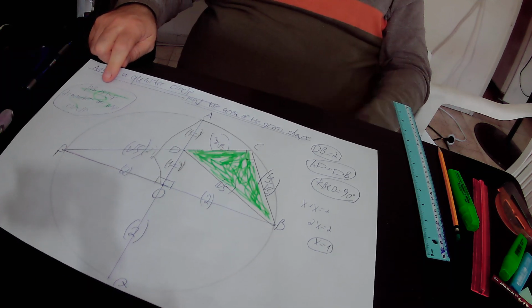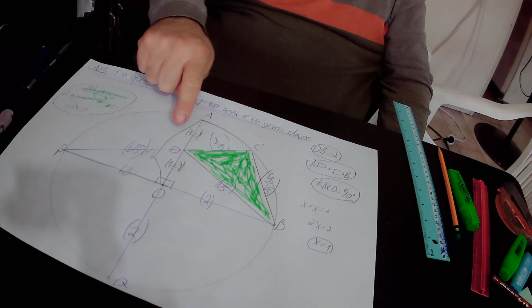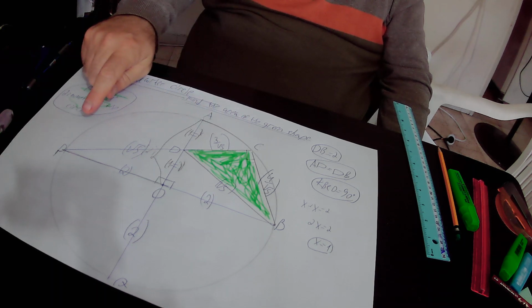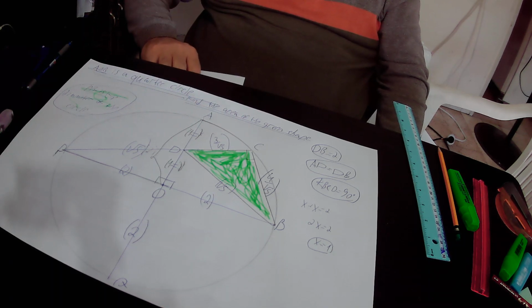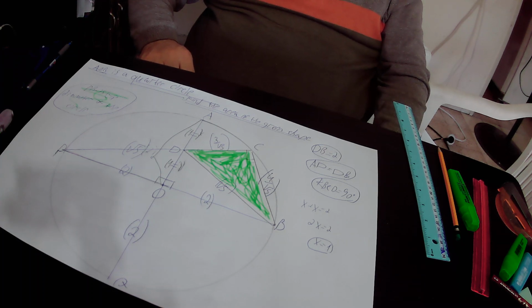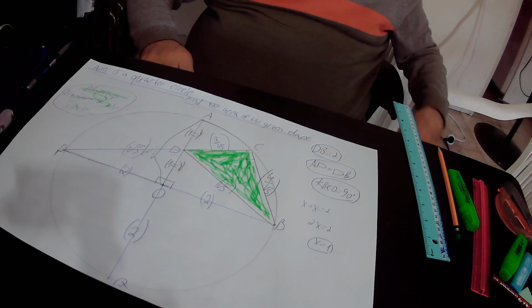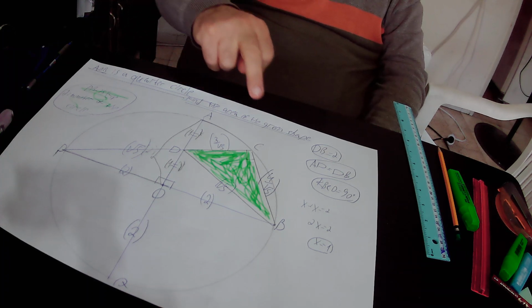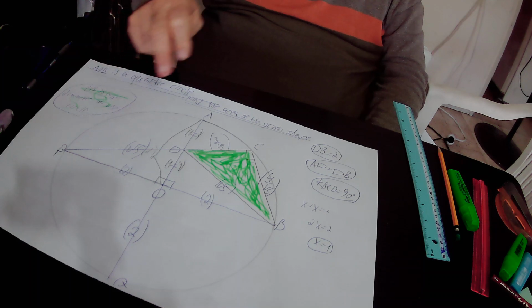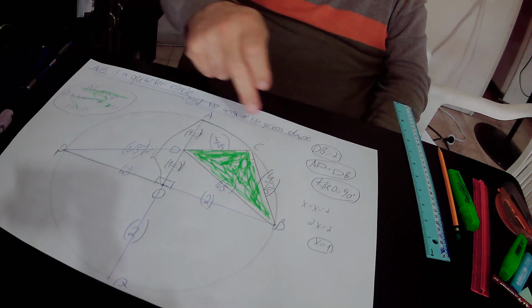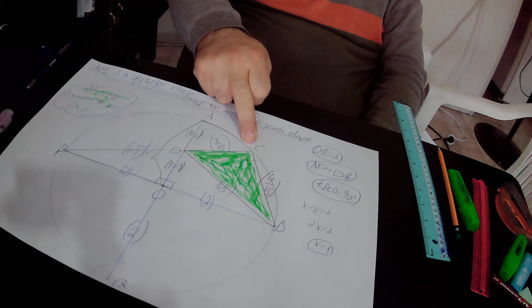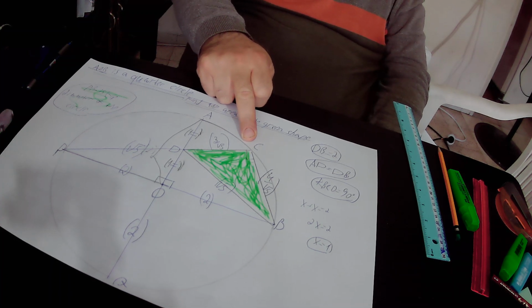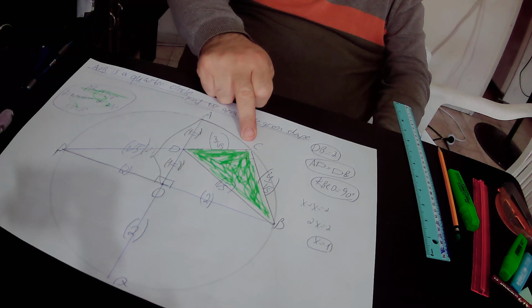In the next step, we extended side CD by a straight line until it touches the circle. And we have rule 5. According to rule 5, by extending side CD until it touches the circle, we get a peripheral angle BCD that is equal to 90 degrees, and any peripheral angle equal to 90 degrees must be subtended on the diameter of the circle.